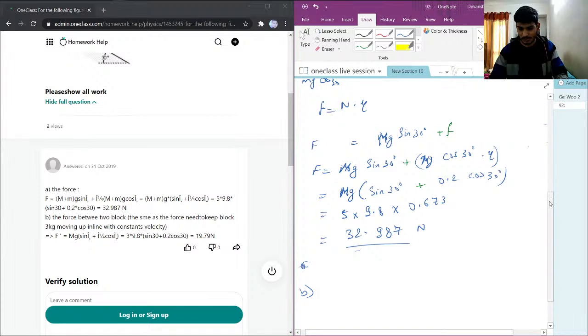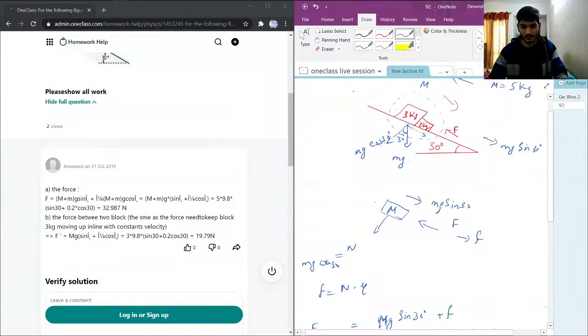So in this case, for B part, we need to find the force for this 3 kg block.